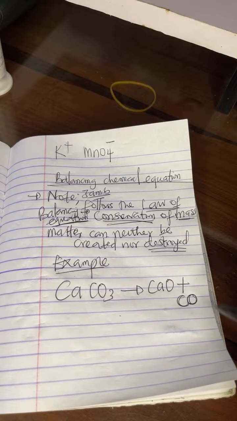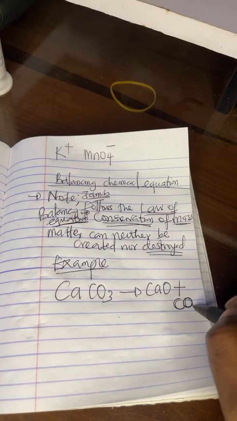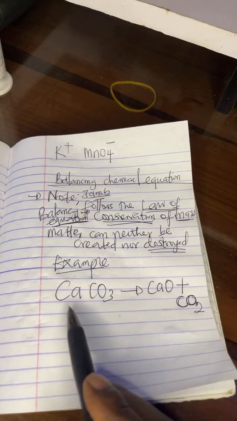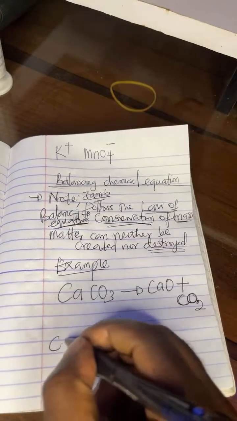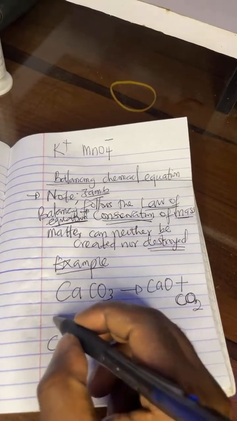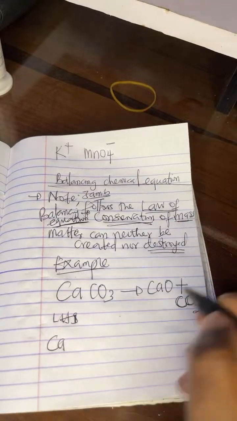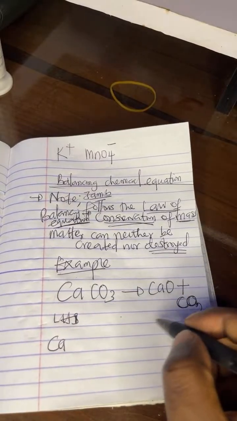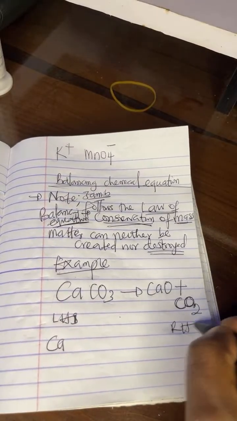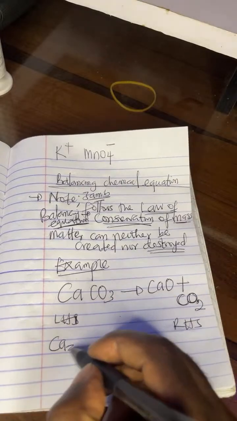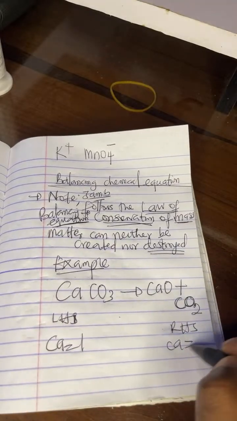So the actual thing is that this should be 2. How many Ca do we have on the left hand side and right hand side? That's the way you'll be doing it. How many Ca? We have 1. How many Ca? We have 1.